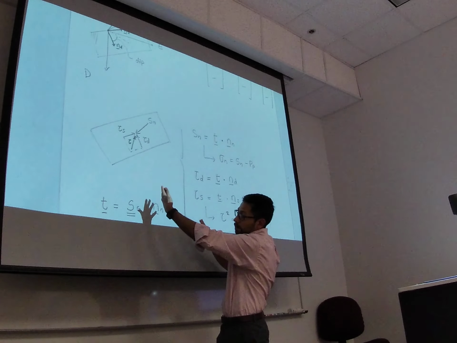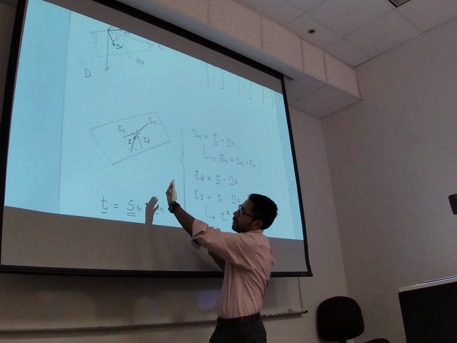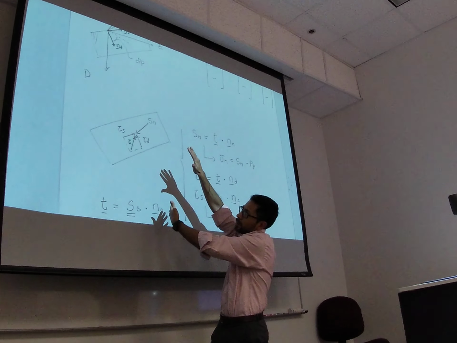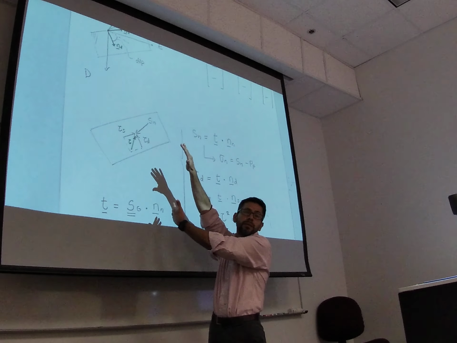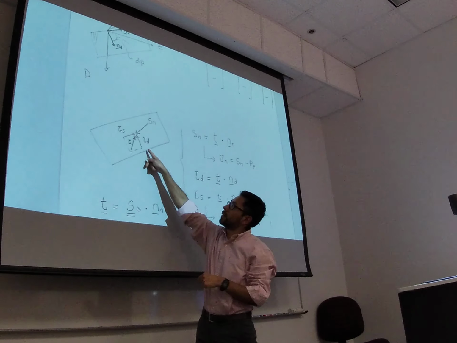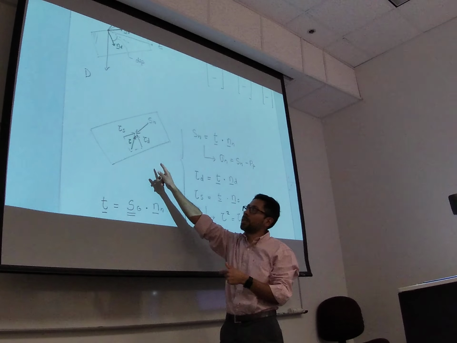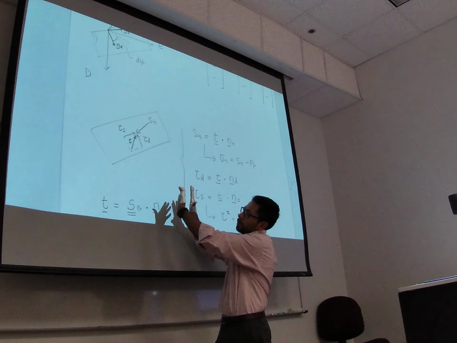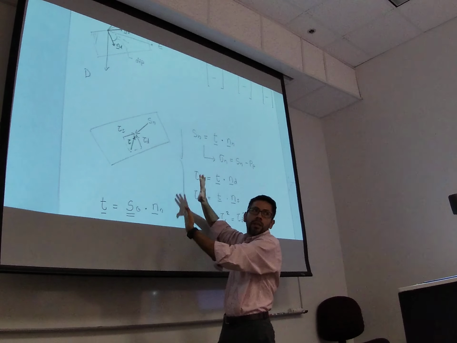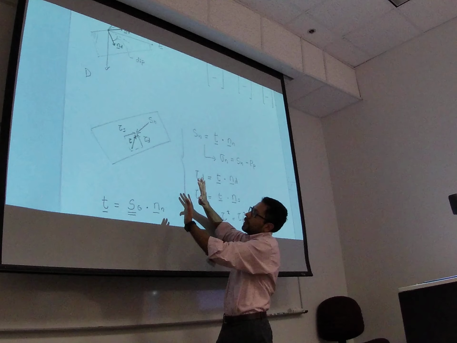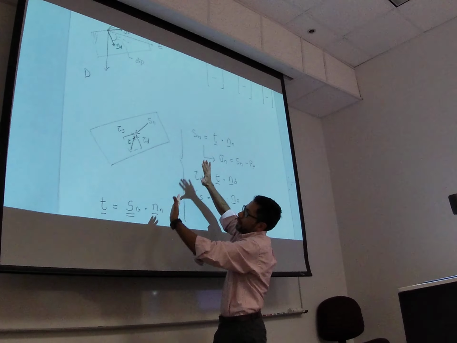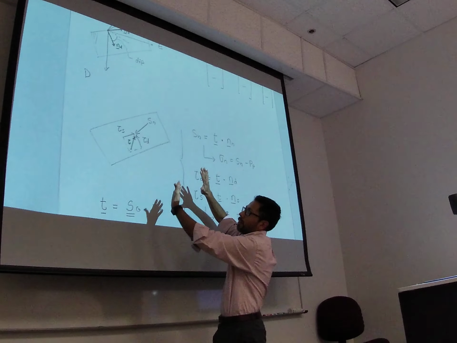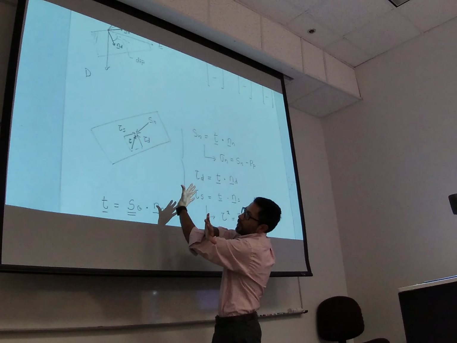If it's down dip, it's going to be a normal fault. If it's up dip, there's going to be a reverse fault. If tau d is equal to 0, that means that the fault is not moving down dip or up dip, but just moving along the strike. And either it moves like this, that's going to be called left lateral, or it moves like that, that's going to be right lateral.